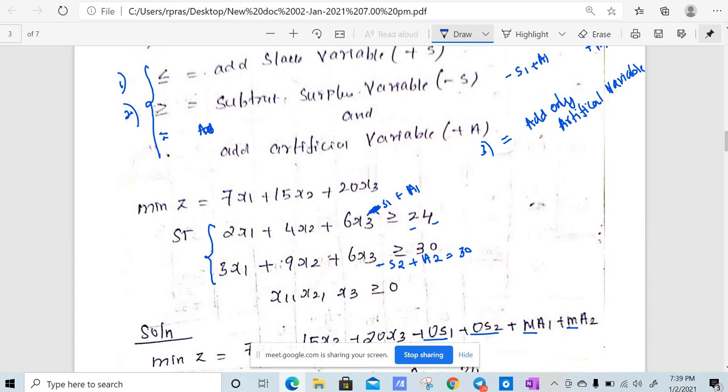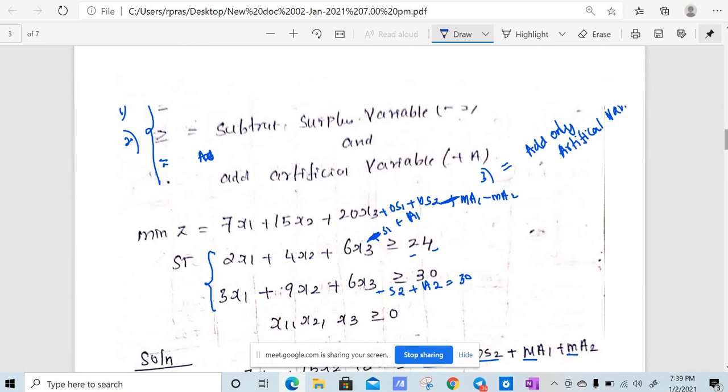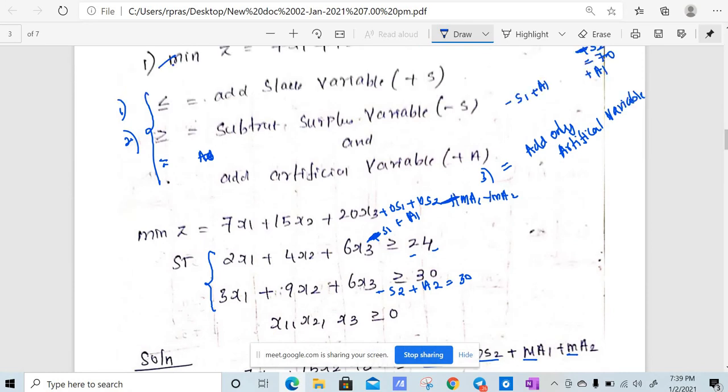And an important thing is, in the simplex method we will write 0s1 plus 0s2, but here you should not write 0a1, 0a2. We should write plus m times a1 plus m times a2 if it is minimum, where m is the maximum value.